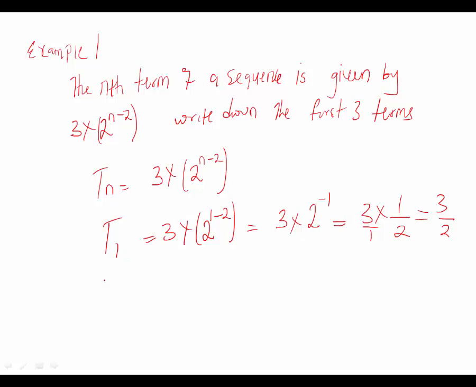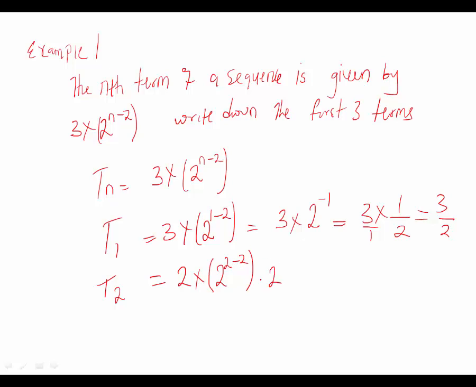Now for the second term, which is n equals 2, wherever I see my n, I'll have to substitute it by 2. Then times 2 raised to the power of 2 minus 2, which will give me 0.